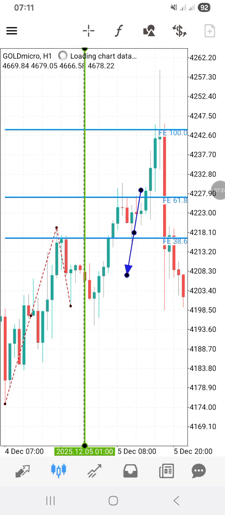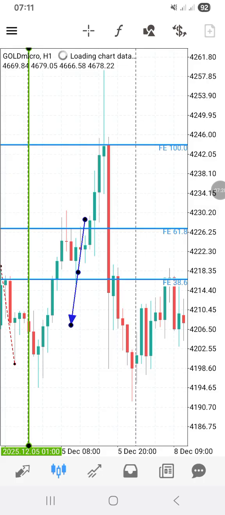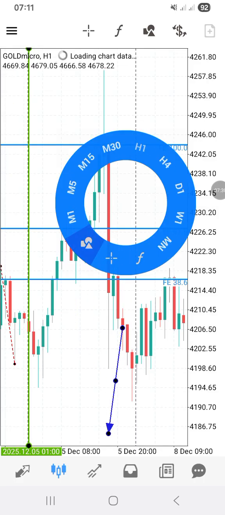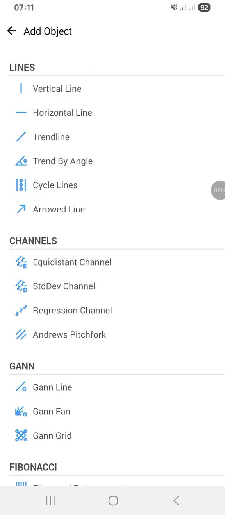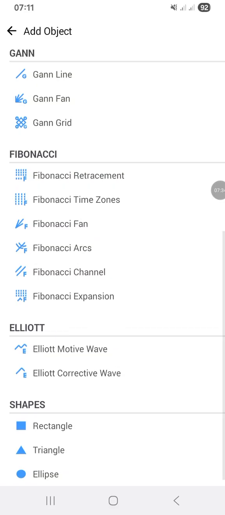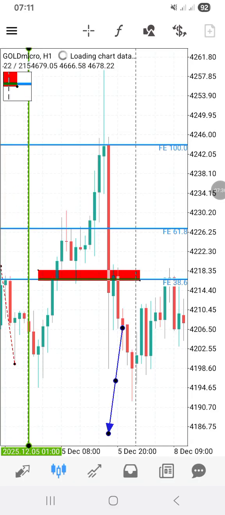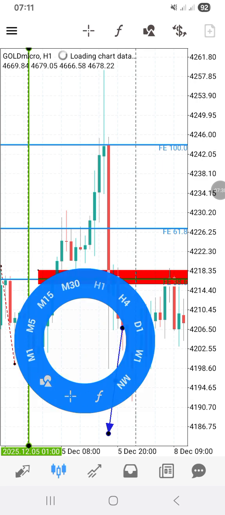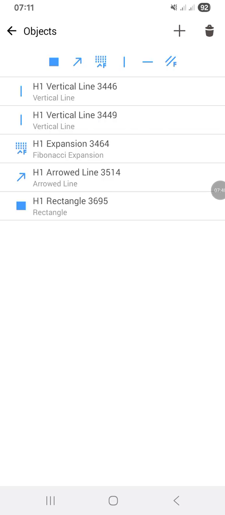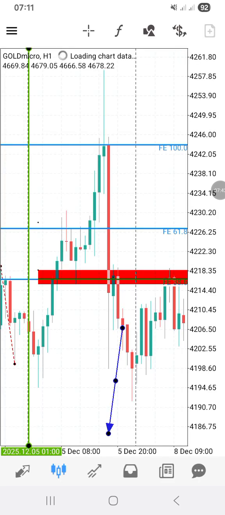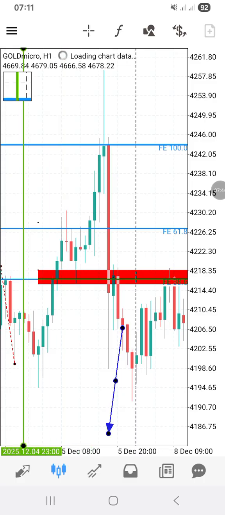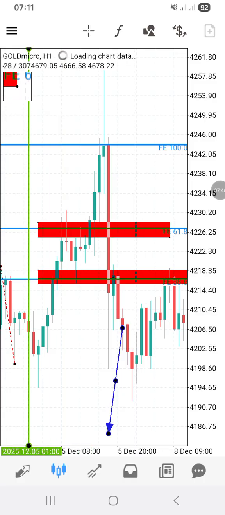So it does not end here, guys. I will show you another video, because here we only have the supply. In this zone we only have the supply lines only. So how can we have the supply and demand at the same time, right?